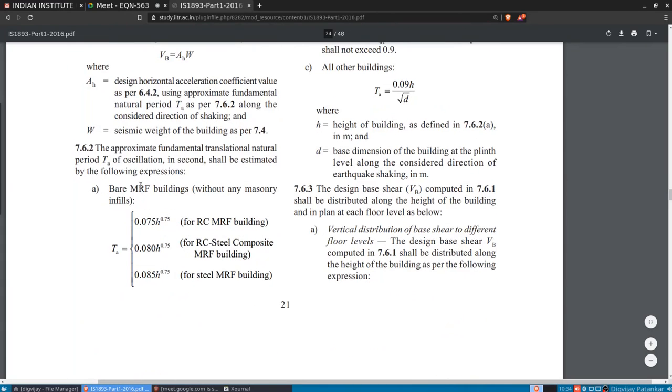In the equivalent static method only, the time period is calculated as follows. If suppose you have a bare moment resistant frame building, that is without any masonry infill, then depending upon the type, RC moment resistant frame, RC steel composite or steel moment resistant frame, you can use this expression 0.07 h raised to 0.75.